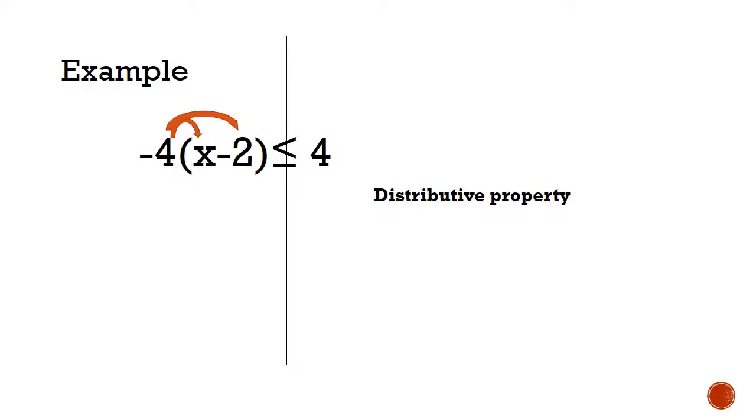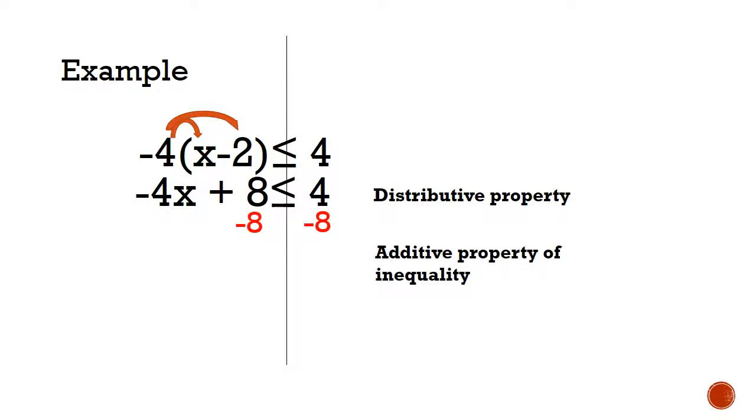So I end up with negative 4 times x, which is negative 4x, and negative 4 times negative 2, which is 8. Now we have a two-step inequality. My next step is to use the additive property of inequality to take away 8 from both sides of the inequality. So I end up with negative 4x less than or equal to negative 4.